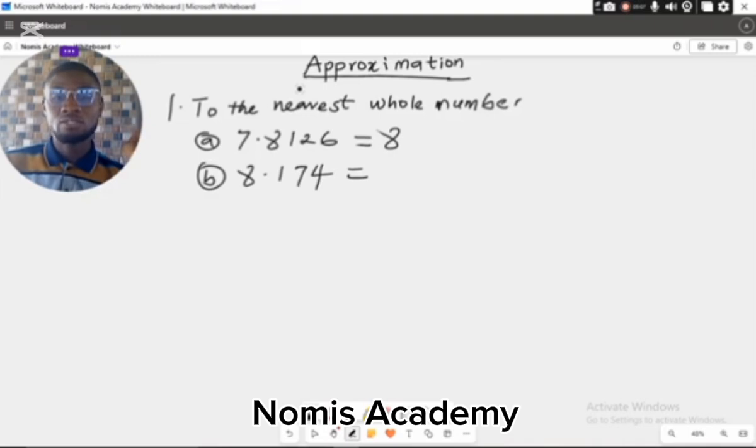I'm not concerned with these ones. 1 is what I will consider to approximate to the nearest whole number, since this is where I have the nearest whole number. Since it's just 1 and it is not up to 5, I approximate it to be 0. So 0 plus 8, I will have 8. So 8.174 to the nearest whole number is 8.